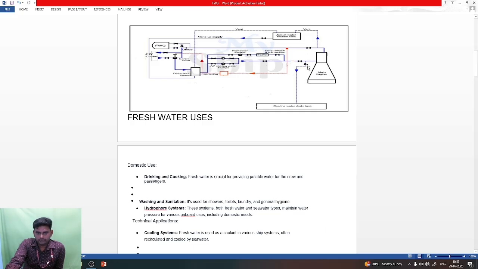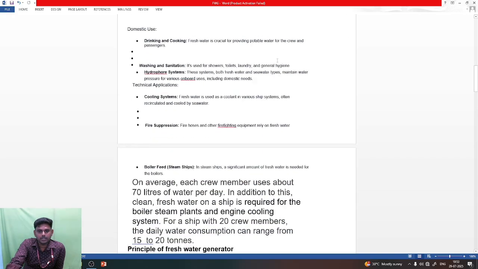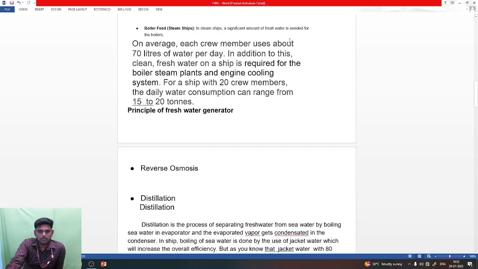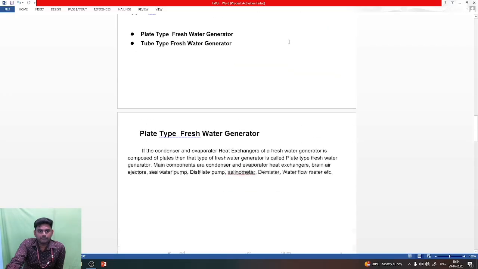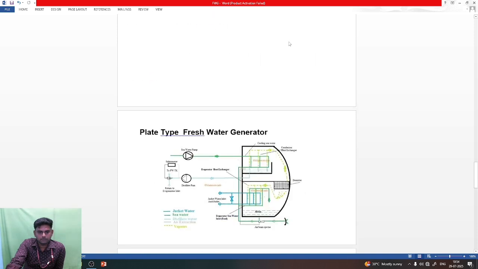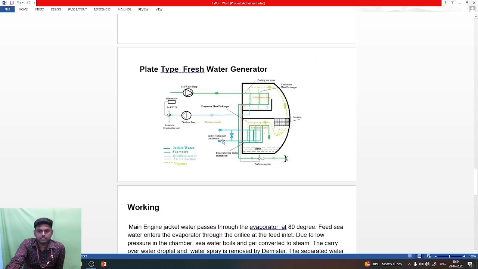So the water gets very hot in this place, so we are using it as heat recovery. The engine outlet water is the inlet of the fresh water generator. Here, this jacket cooling water is going to the evaporator side of the freshwater generator.